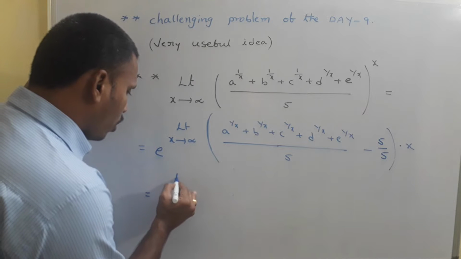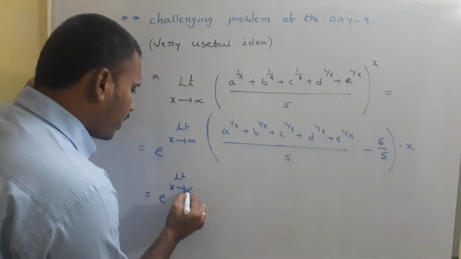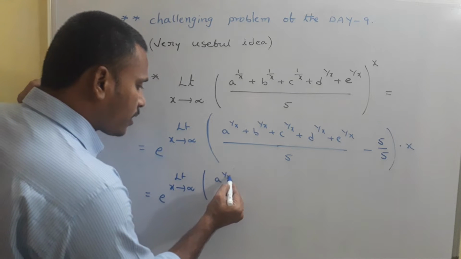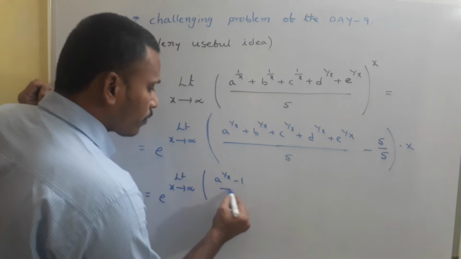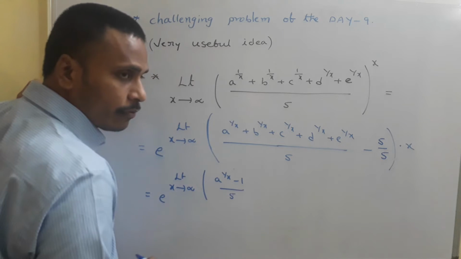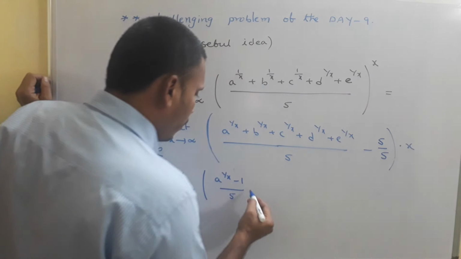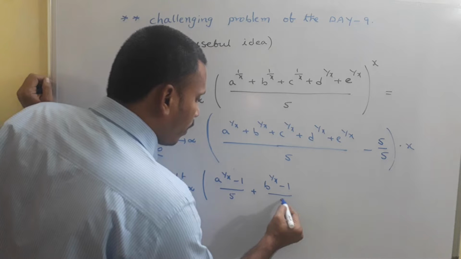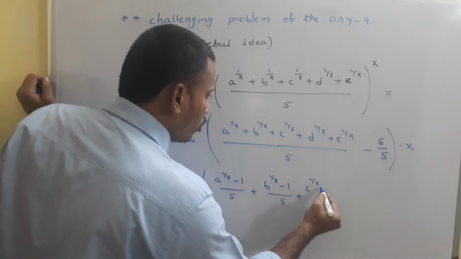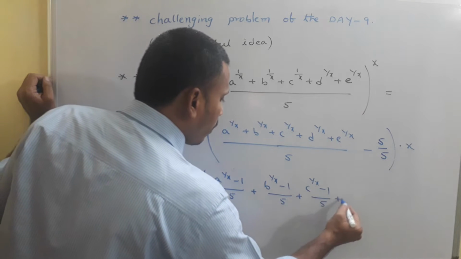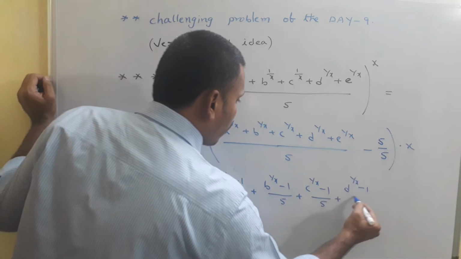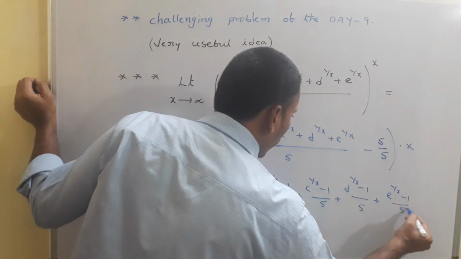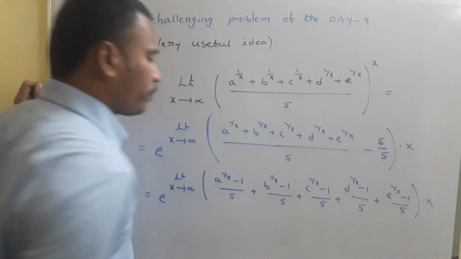This is equal to e to the power limit x tending to infinity, (a^(1/x) minus 1 by 5 plus b^(1/x) minus 1 by 5 plus c^(1/x) minus 1 by 5 plus d^(1/x) minus 1 by 5 plus e^(1/x) minus 1 by 5) into x.